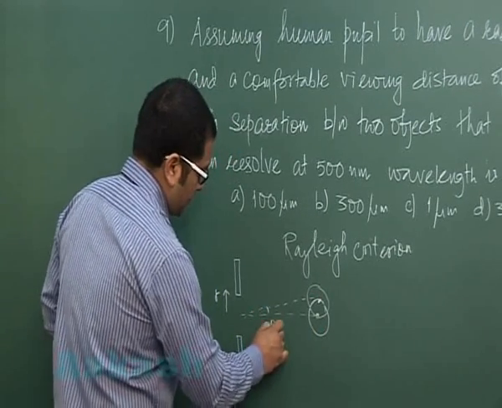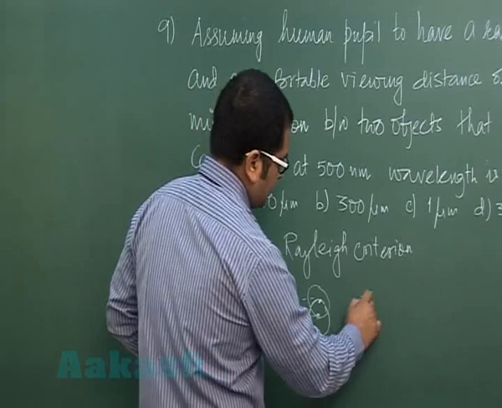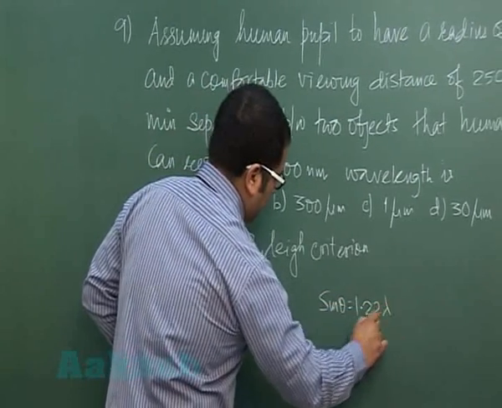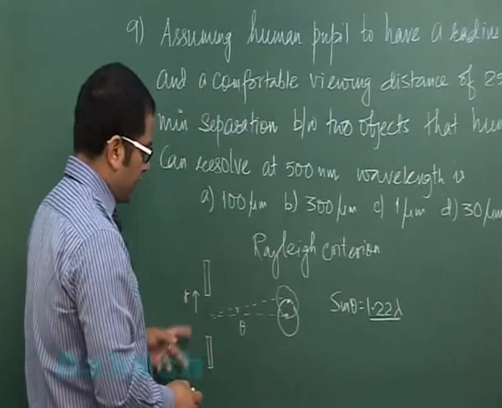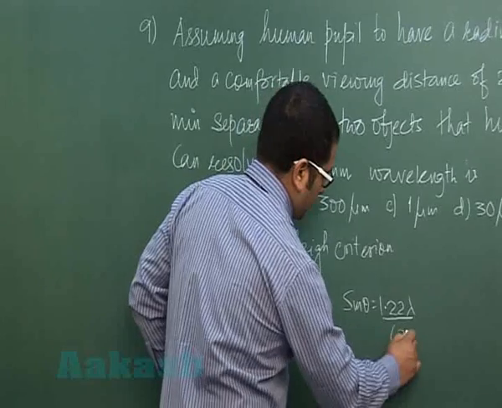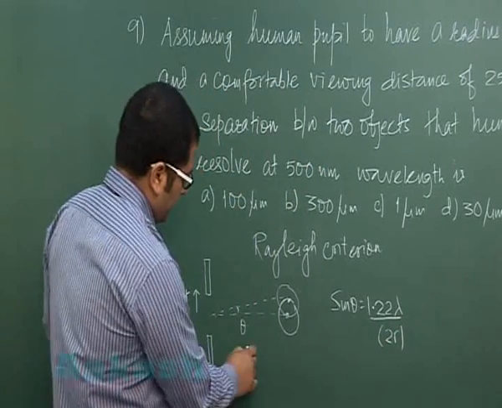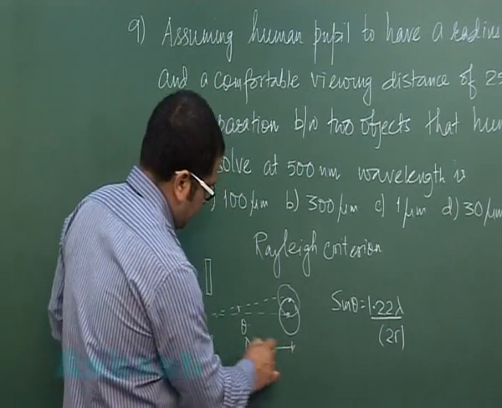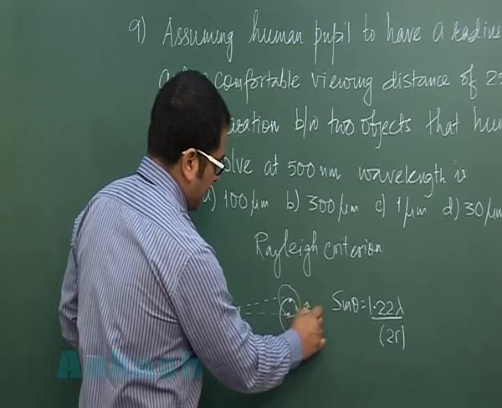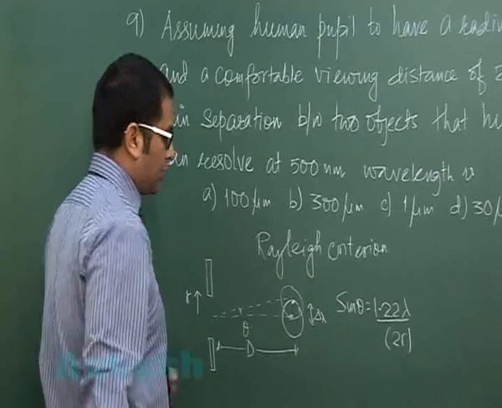So for this, if we call this angle theta, then the Rayleigh criterion says sin theta is 1.22 lambda by d, where d is the diameter of the circular aperture. In our case, that's 2r, and capital D is the separation between the eye and the objects, and delta x is the separation between the objects.